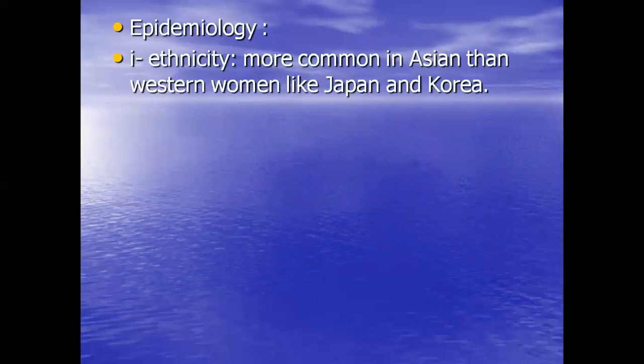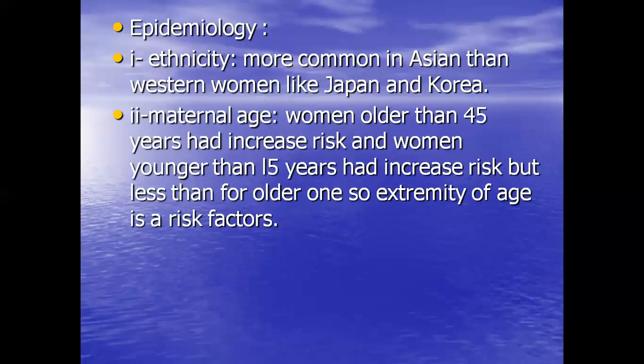Epidemiology is very important in gestational trophoblastic disorder. Regarding ethnicity, it is more common in Asian than Western women, like Japan and Korea. The maternal age is very important. Women older than 45 years have increased risk, and women younger than 15 years have increased risk, but less than for older ones, so extremity of age is a risk factor.